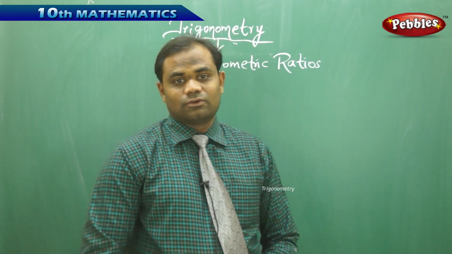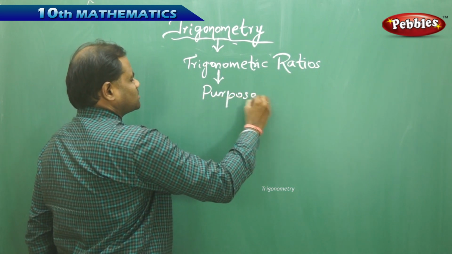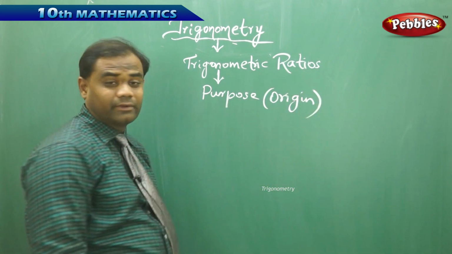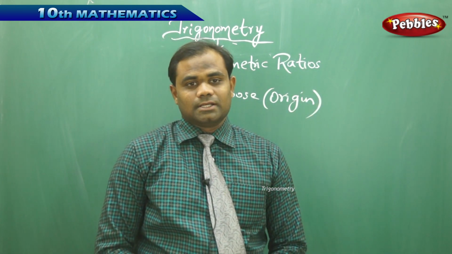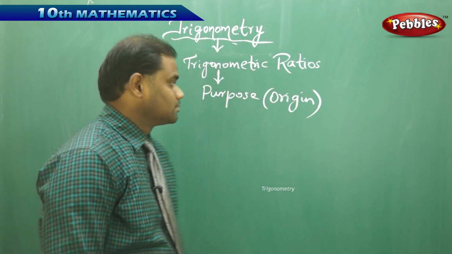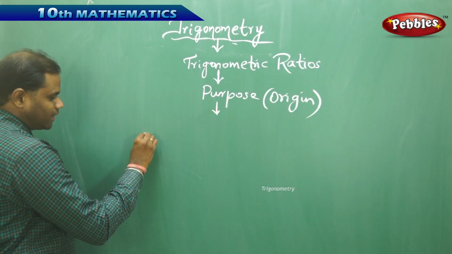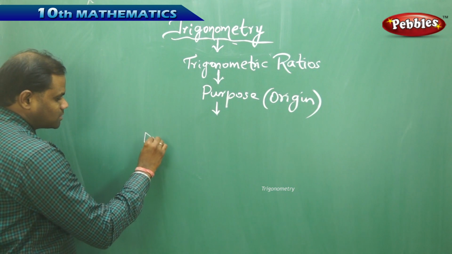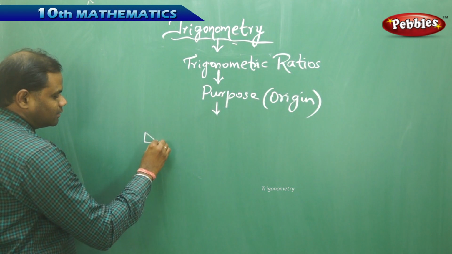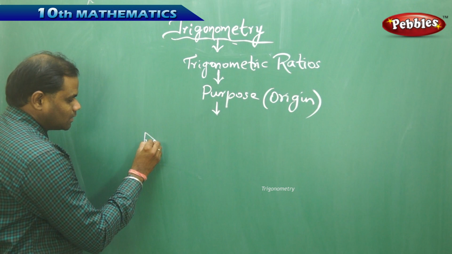What is the purpose of inventing the trigonometric ratios, or we can call this the origin of trigonometric ratios? Let's see how it comes into existence, of course connected with right angled triangles. Let me imagine a very small right angled triangle, right angled at this point, and this being theta.